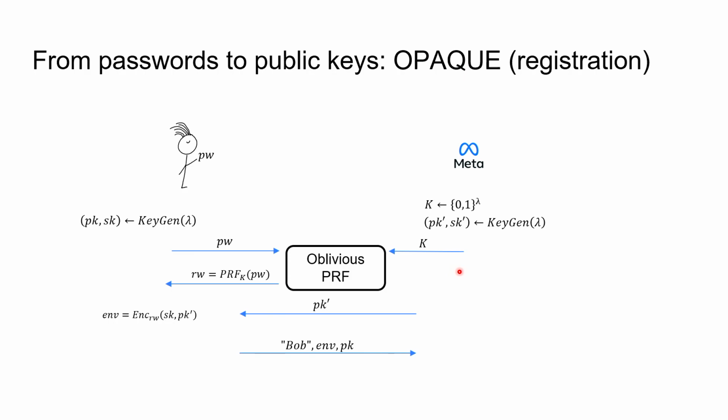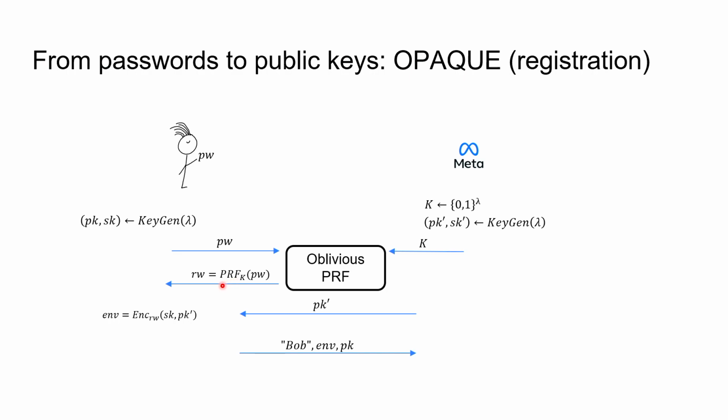It's an oblivious evaluation of a PRF, of which the server contributes the key, the PRF key, and the client contributes the input on which the PRF should be computed. And the client also receives the output. Okay? And this is essentially a secure computation, meaning that the server learns absolutely nothing, and the client also learns nothing about the key K, except for this one PRF value.